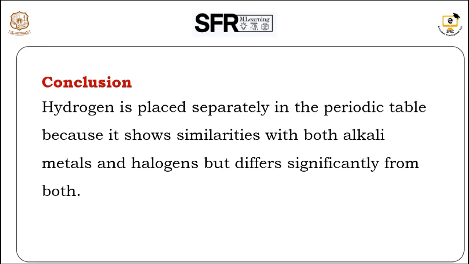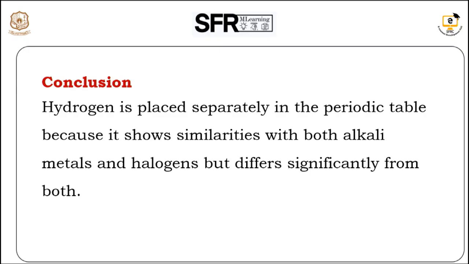The fourth point is the difference from the alkali metals. Hydrogen is a non-metal gas, but all other alkali metals are solids. Hydrogen does not conduct electricity. Alkali metals have low ionization energy, but hydrogen has high ionization energy compared to alkali metals.